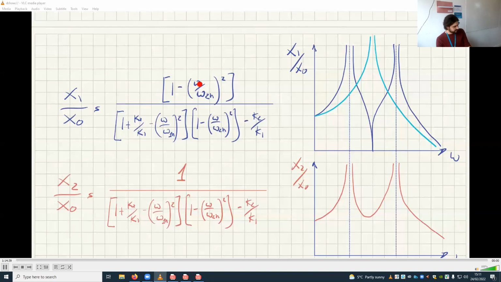If this is happening, then you take the entire mass 1 and stop it completely, regardless of what's going on or what kind of force is applied to it. Even if you have 1,000 newtons, 10,000 newtons, 100,000 newtons, if it's driven at this frequency, where omega is equal to omega 2n, this is the complete absorption condition.